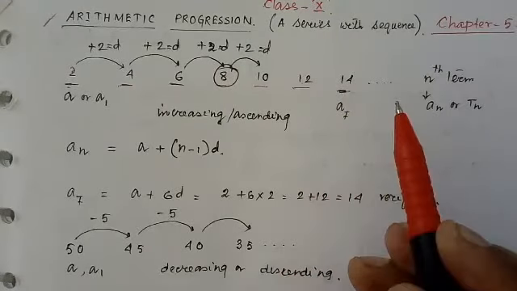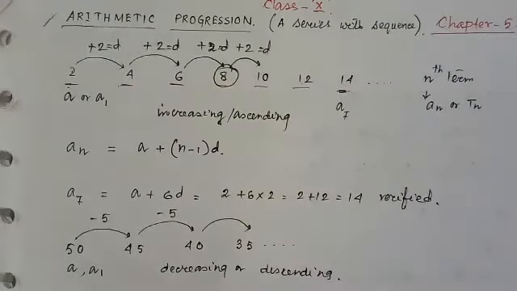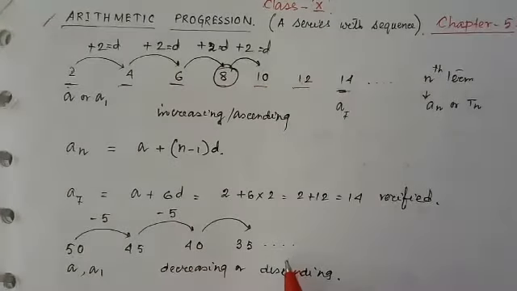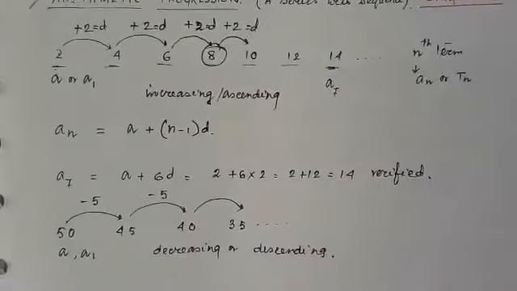Similarly, suppose we have written another sequence: 50, then 45, then 40, then 35, then 30, like that.